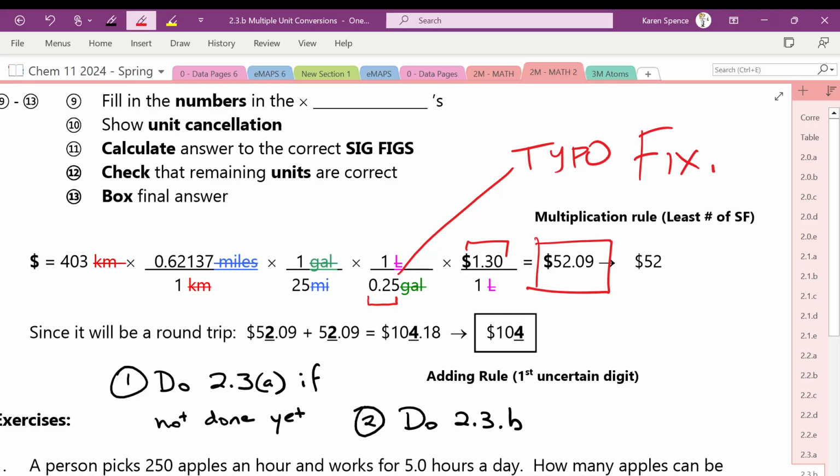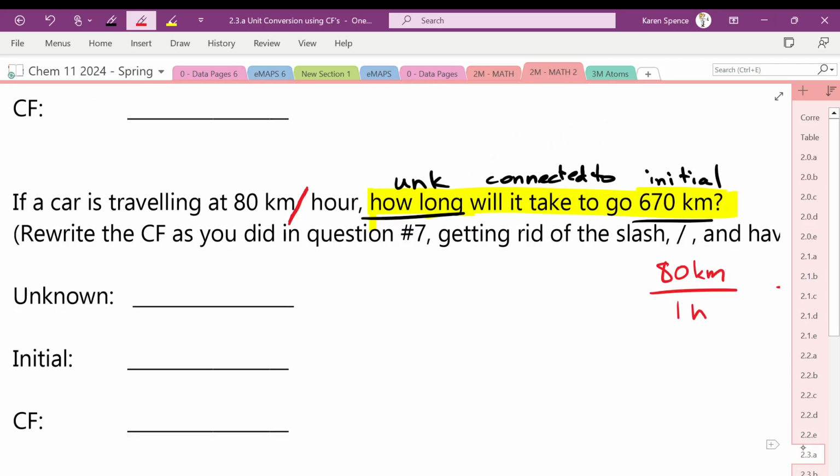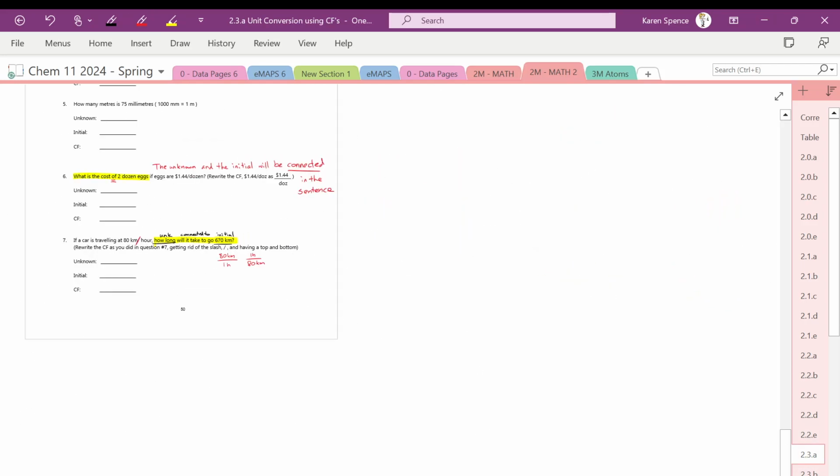So, yes. What you're going to do is finish off pages 49 and 50.